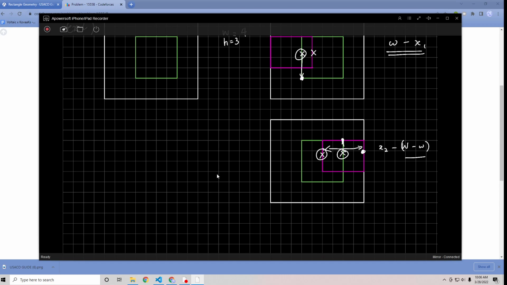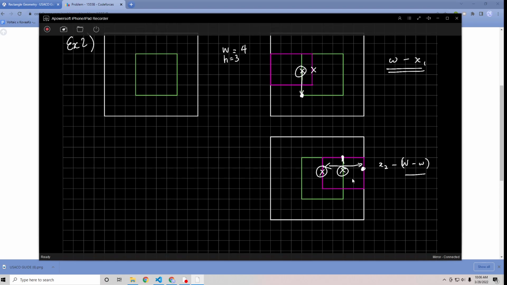And the only case where either this or this is going to be negative is if there's already enough space for the new table to be in this room. For example, let me do this quickly in orange.